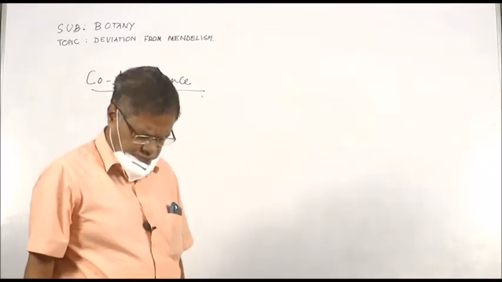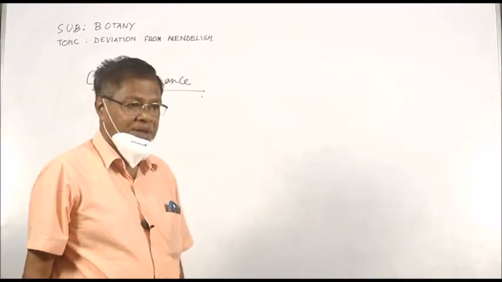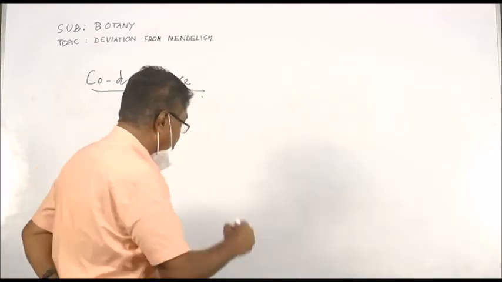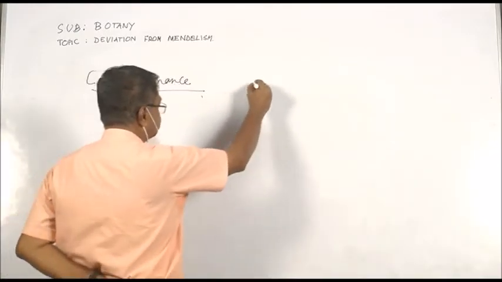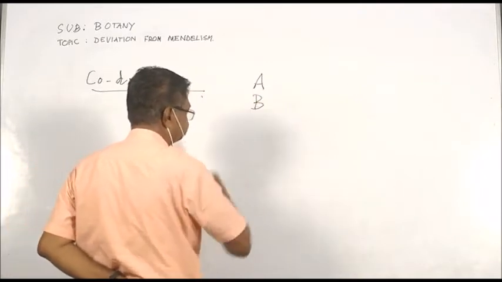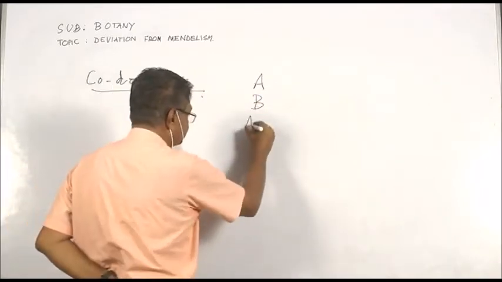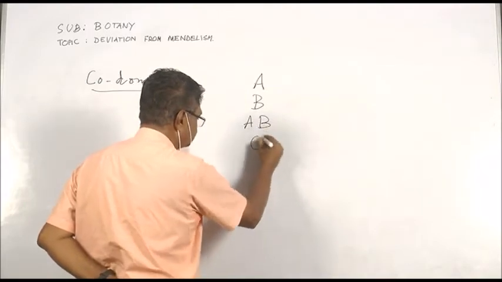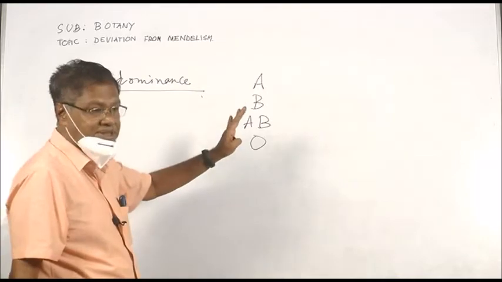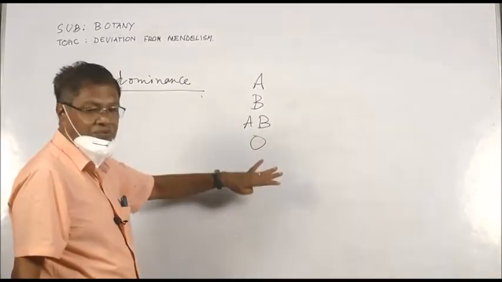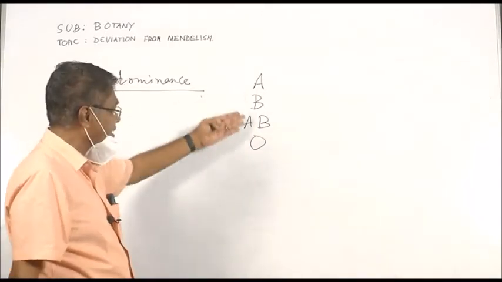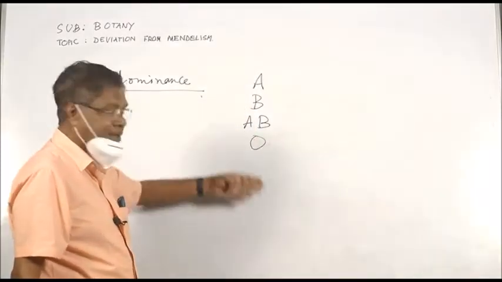Now, you know that in human beings, the blood groups are A, B, AB and O. And here I am not discussing whether it is positive or negative. I am discussing the basic blood groups, that is A, B, AB and O.